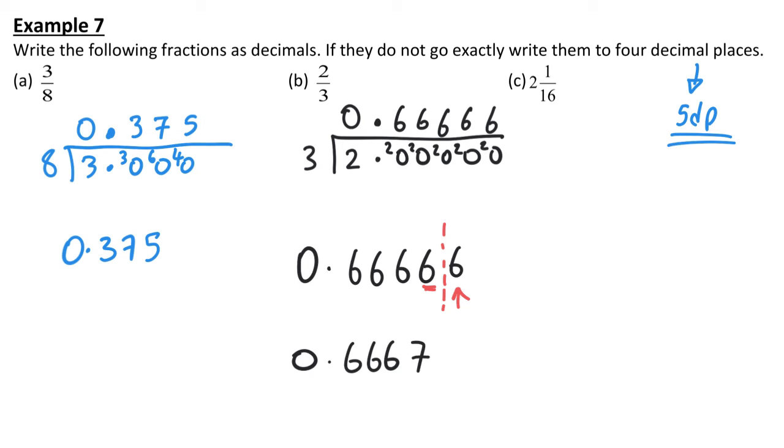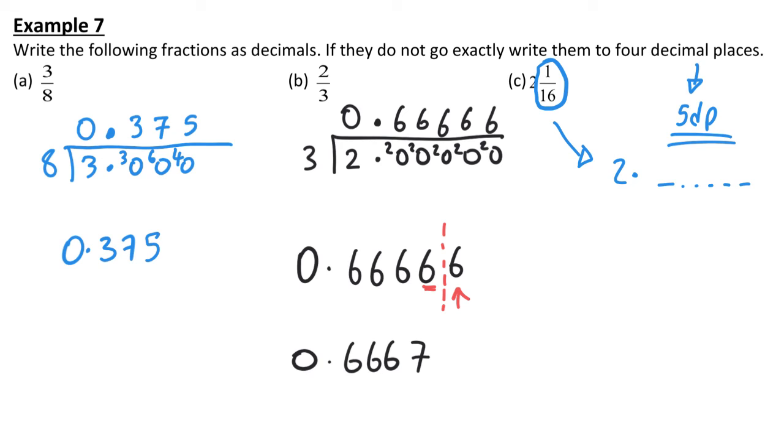For the fraction 2 and 1/16, any fraction that starts off with 2 and something, that's always going to be 2 point something. So what we can do here is just look at the number 1/16 and change that into a decimal.